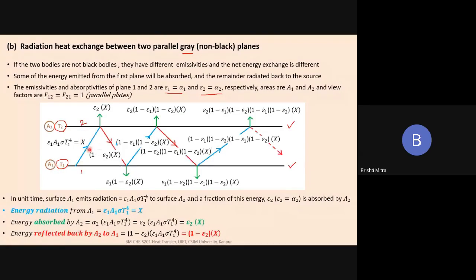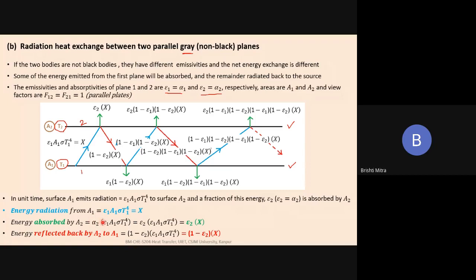Now, once this radiation falls on plate 2, part of it will be absorbed, which is shown by the green arrow, and part of it is reflected back, which is shown by the red arrow. So how much will be absorbed? Whatever is falling multiplied by the absorptivity. So the energy absorbed by A2, where my pointer is right now, is the whole amount of energy that is coming multiplied by the absorptivity, which is alpha 2.